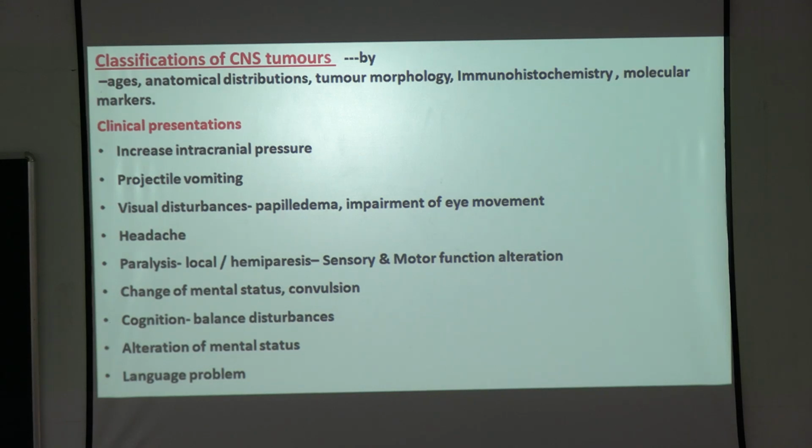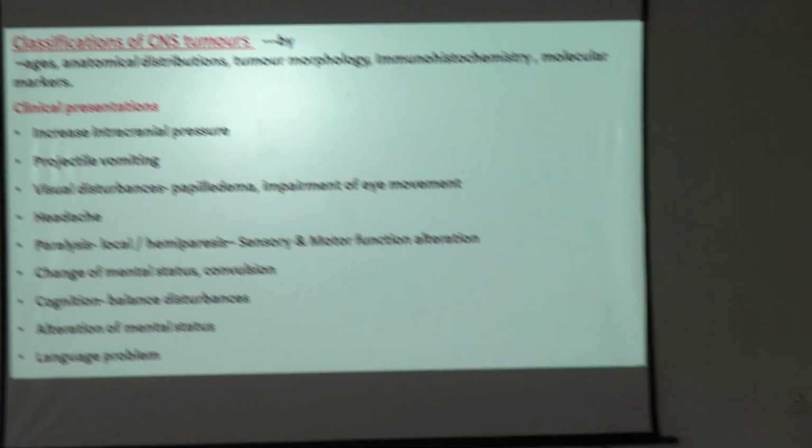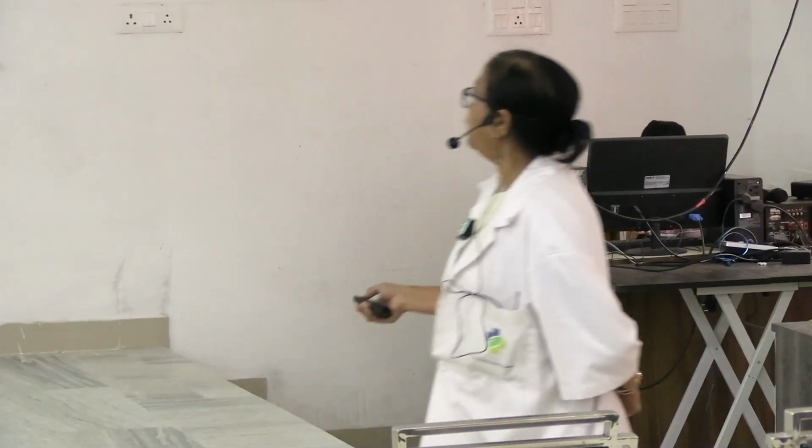But what is the clinical presentation? How do you know that a patient is suffering from a CNS tumor? The patient may present with vertigo, nausea, vomiting, projectile vomiting, headache, visual disturbance and papilledema, that is edema of the optic disc. According to the anatomical location, they obstruct vital structures of the brain, and according to their function, they present as a motor defect, a sensory defect, or other cerebral function defects.